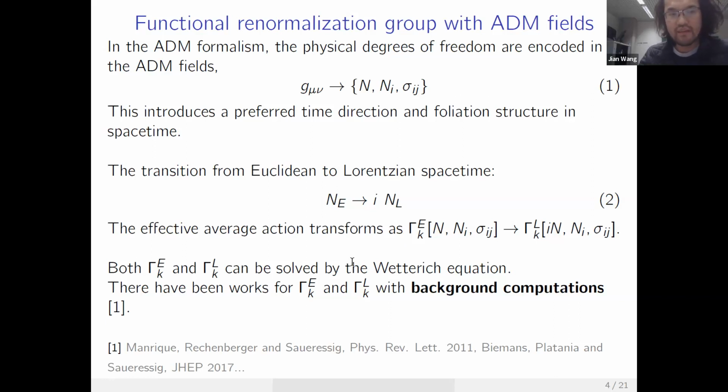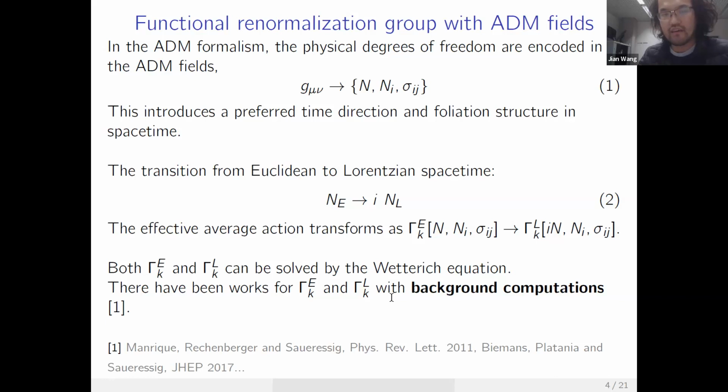So until now, both the Euclidean and the Lorentzian effective action can be solved by the Wetterich equation. There have been some works in these directions to compute the RG flow for both Lorentzian and Euclidean effective action on the foliated spacetime.